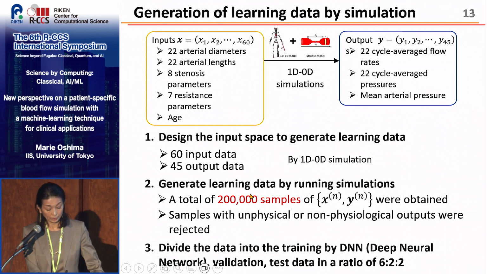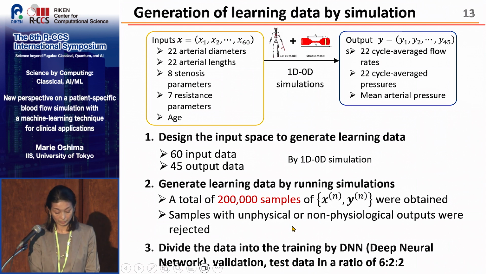And also a total of 200,000 samples of input and output were obtained. And then the data was divided into the training, validation and test data in the ratio of 6 to 2 to 2.